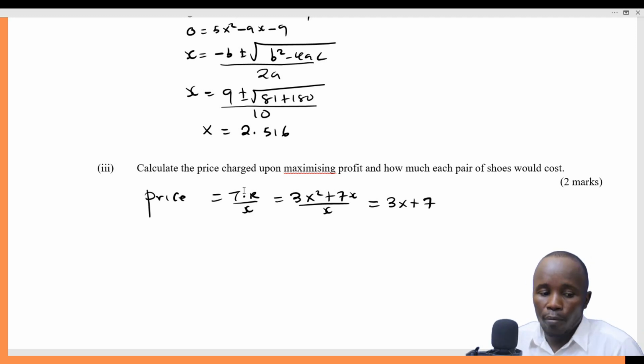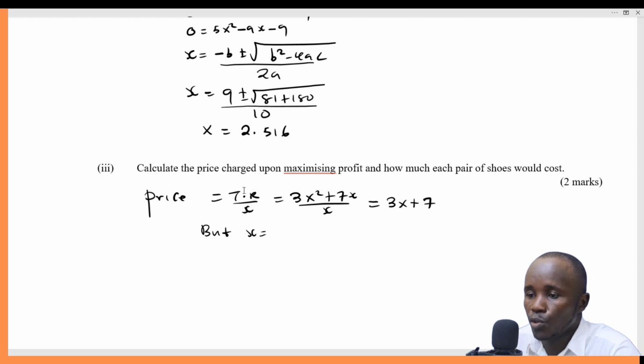Now, 3x plus 7, you can either use this or substitute here. So let me substitute, but we have already found x. x is equal to 2.516. Is that okay? Because we found x on top there.